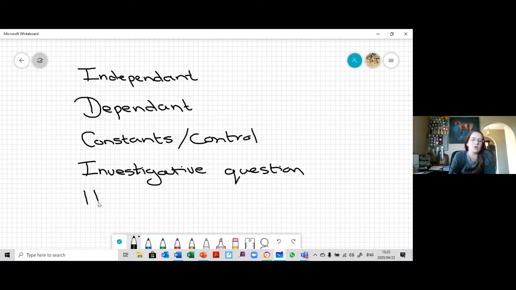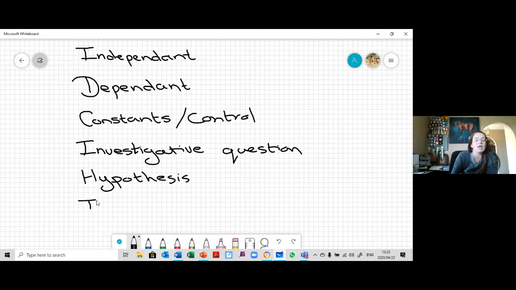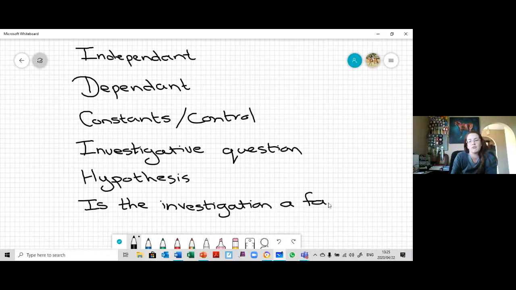I've seen them ask for a hypothesis. And then the favorite question that they have at the moment, especially when they do it in organic chemistry, is this: is the investigation a fair experiment?